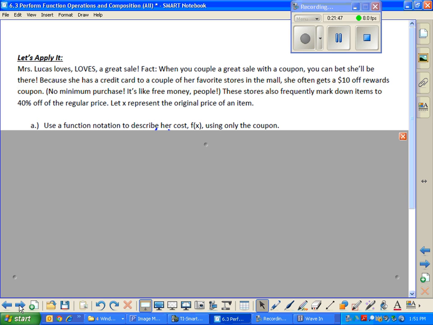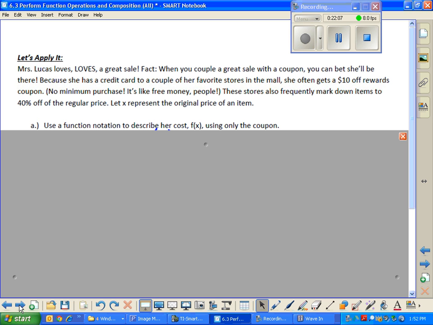You're going to do a couple of things for me. In the first part, I want you to write a function that describes my cost if I only use the $10 off coupon. That's A. In part B, I want you to write a different function that describes my cost if I only get 40% off.